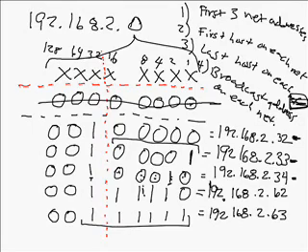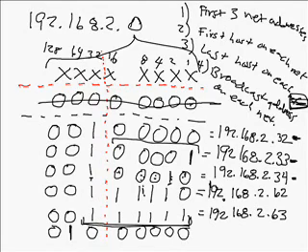Now that makes sense because the next number would be what? 0, 1, 0, right? Because this position is full. We can't add any more binary digits here until we toggle over into this bit position. So the next number in sequence would be 192.168.2.